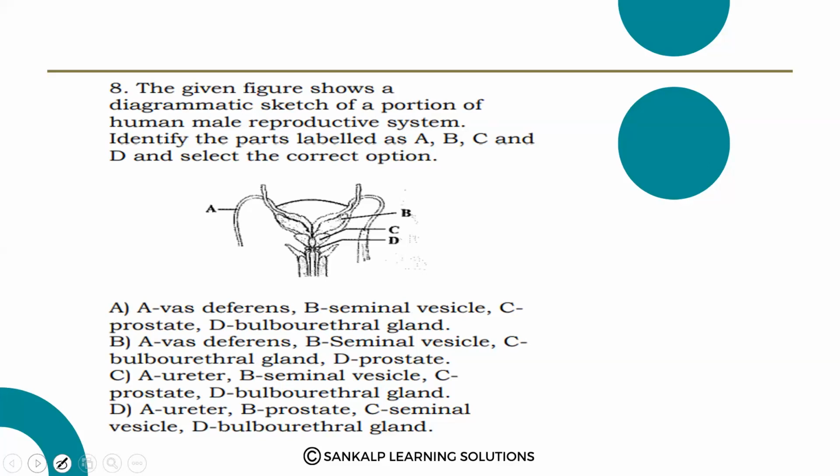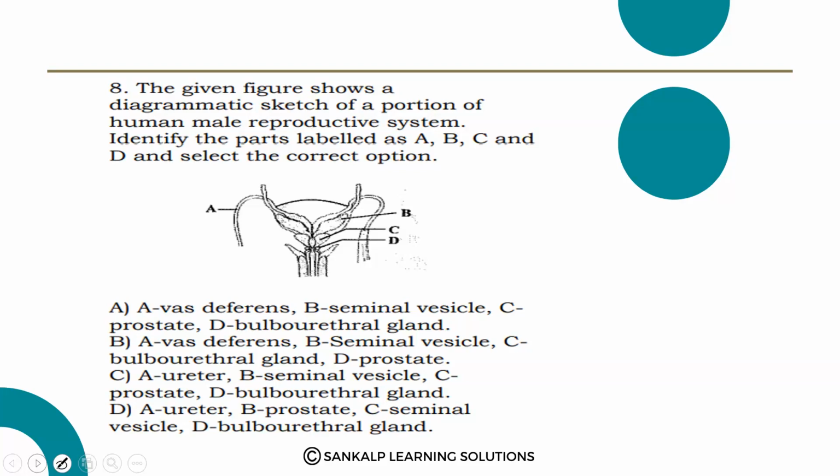Option B: A is vasa deferens, B is seminal vesicle, C is bulbourethral gland, D is prostate gland. Option C: A is ureter, B is seminal vesicle, C is prostate, D is bulbourethral. Option D: A is ureter, B is prostate, C is seminal vesicle, D is bulbourethral.